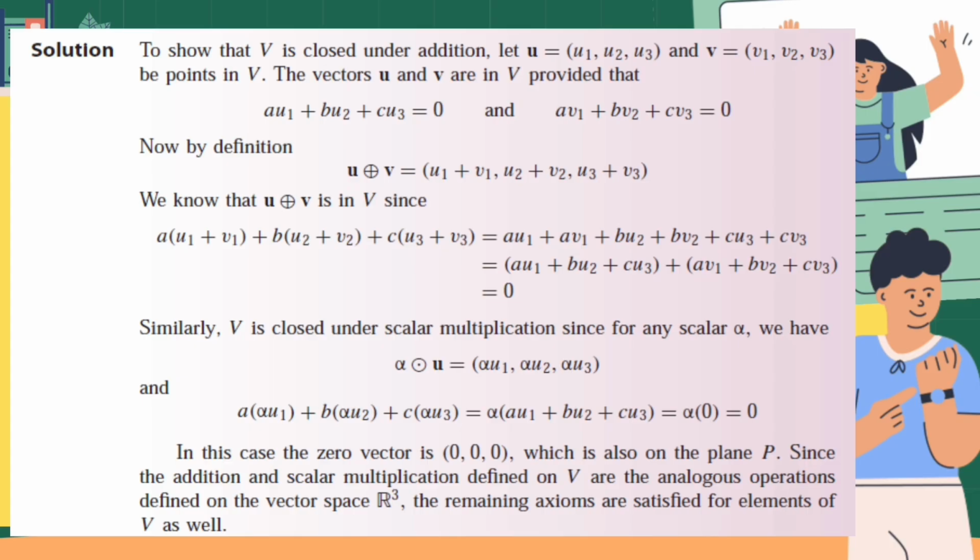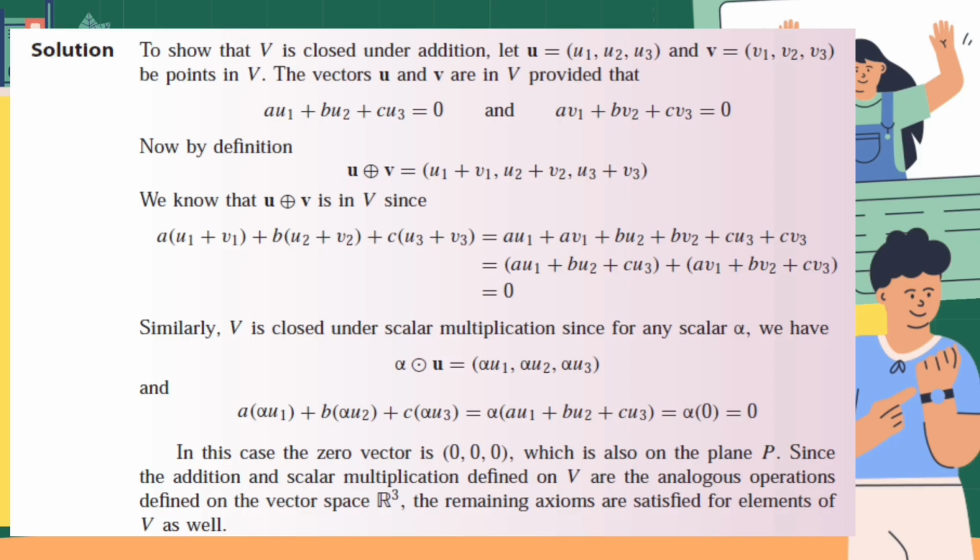And we also have a times alpha U sub 1 plus b times alpha U sub 2 plus c times alpha U sub 3, and since alpha is common, we factor it out, so it is equal to alpha times the quantity a u sub 1 plus b u sub 2 plus c u sub 3, equal to alpha times 0.